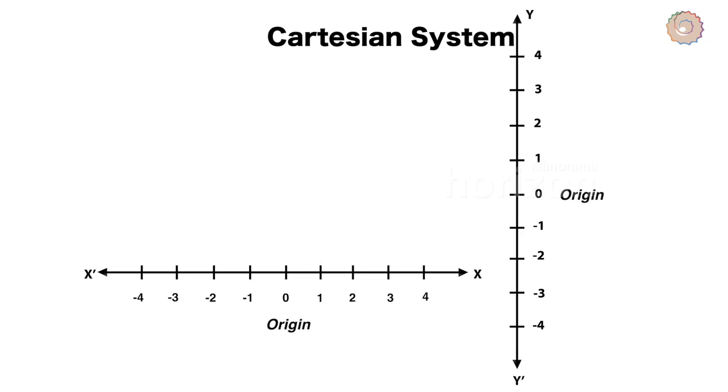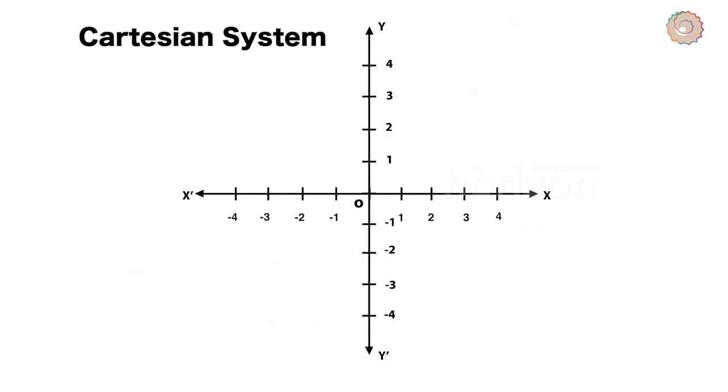So considering the horizontal number line as x'x and the vertical number line as y'y, combine them such that x'x and y'y intersect at their origins and mark that point as O. The horizontal line x'x is called the x-axis and the vertical line y'y is called the y-axis.